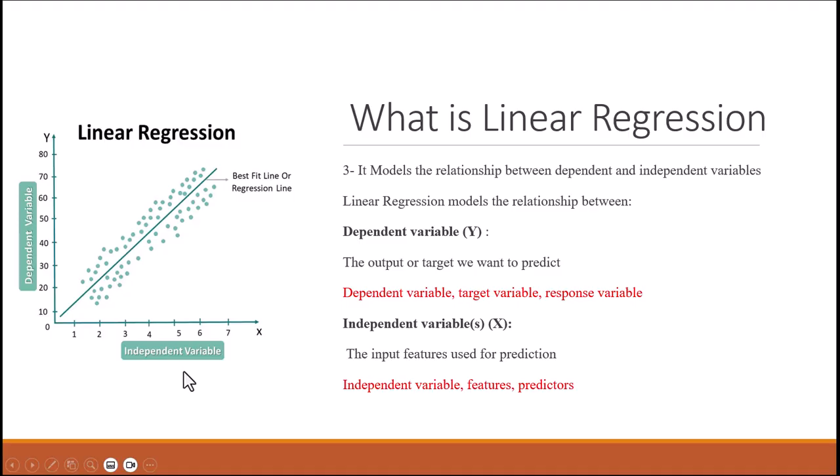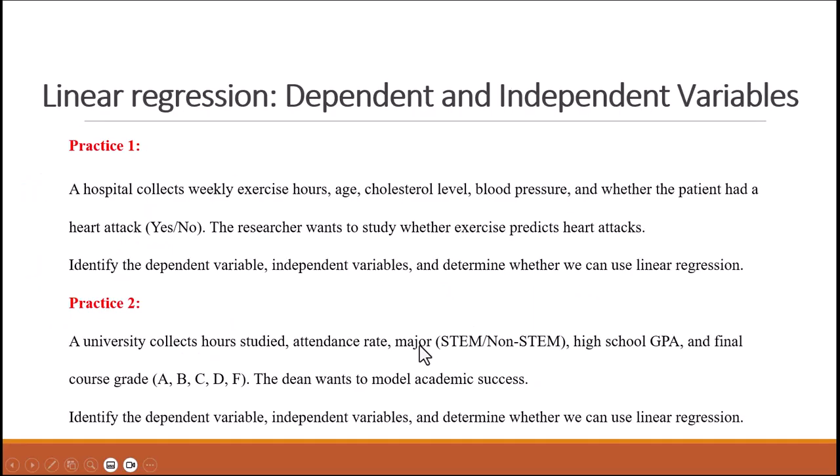So independent variables are features or predictors. These are the names that we can use for each of those interchangeably. And this is important to learn them because you may see different names in different papers, studies, or in different places, and it's better to be familiar with them in advance.